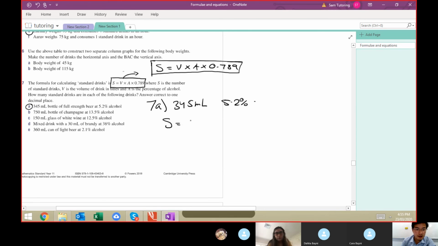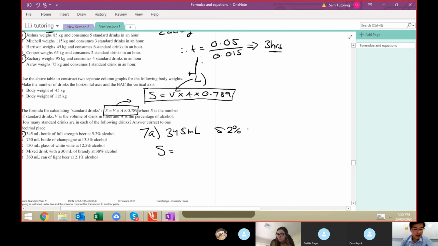The V part has to be in liters, by the way, so you would have to convert mils to liters. The A part is the percentage of alcohol. You could convert that to a decimal if you want, but if everyone's familiar with the percentage button on the calculator, that's okay too.